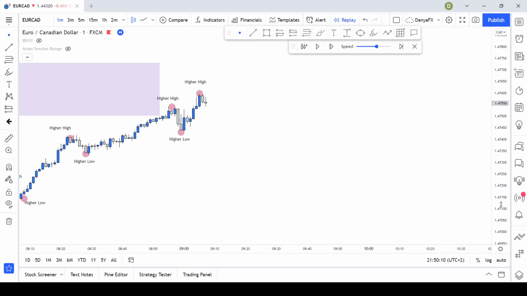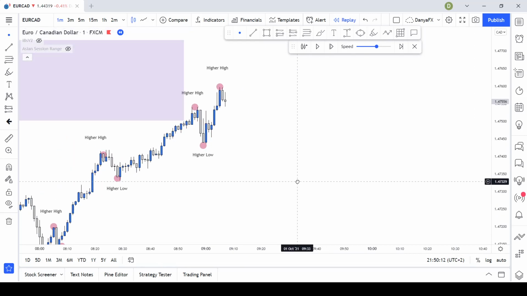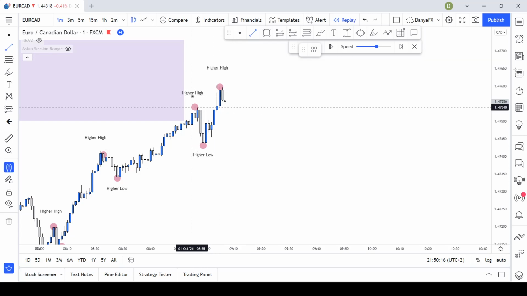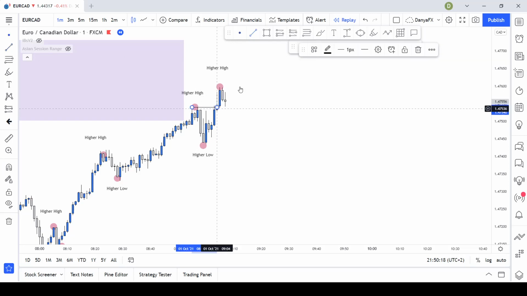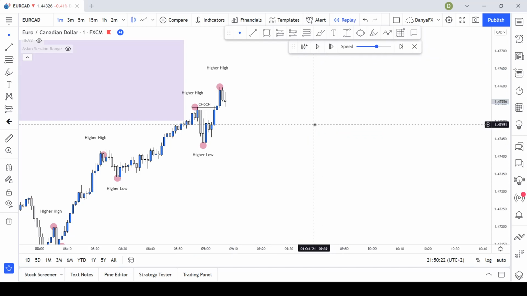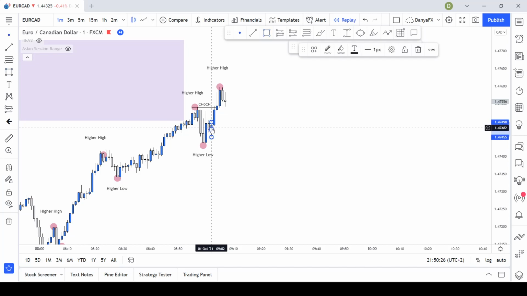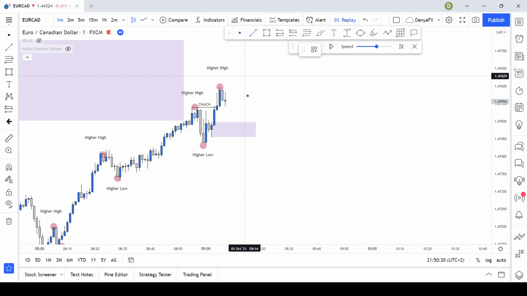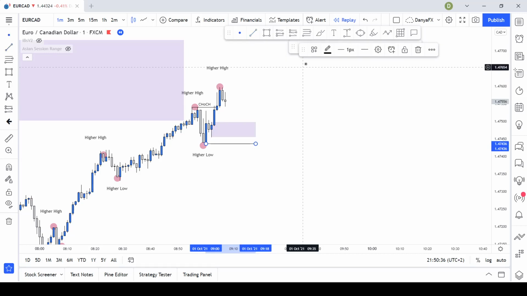So as I said, the change of character in this situation would be the liquidation of the higher high here, and then rather than respecting this demand zone, which is in control right now, we want to see this demand get broken and this high get broken as well.